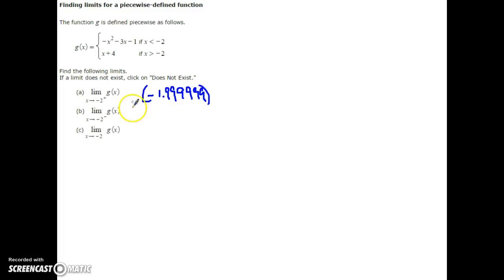So if your x gets close to this, are we going from left to right or right to left? I hope your answer is right to left. Let's say this is -2. I'm coming from here because my -1.99999 is somewhere there, maybe.